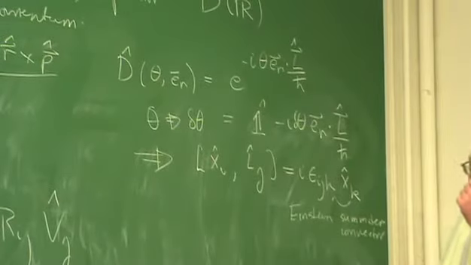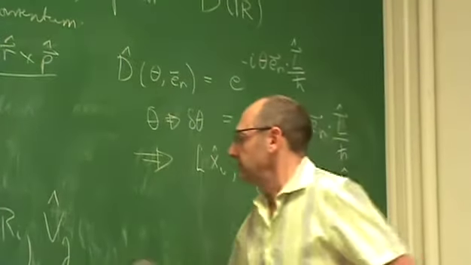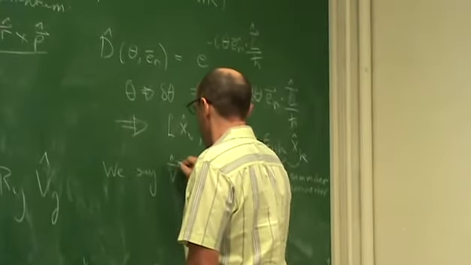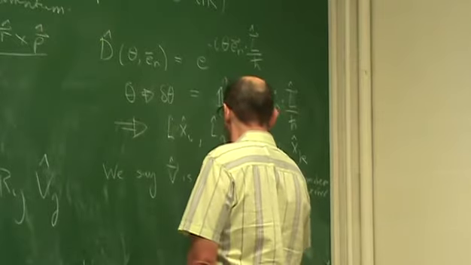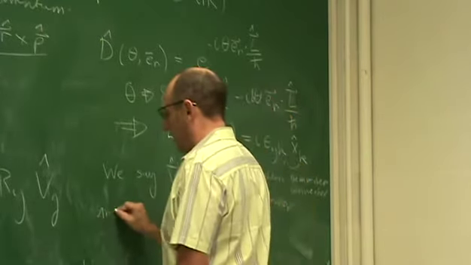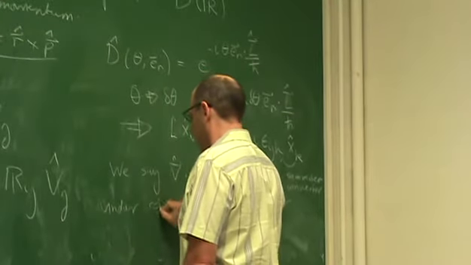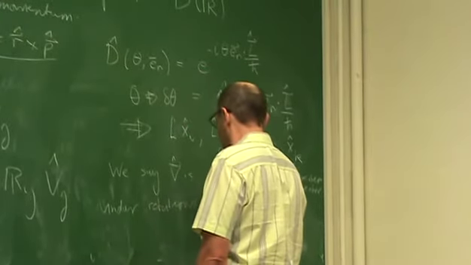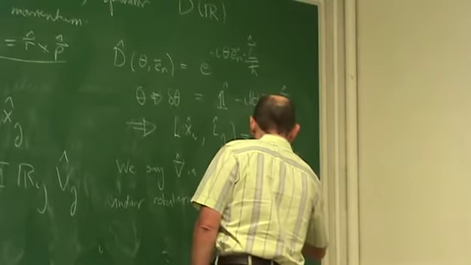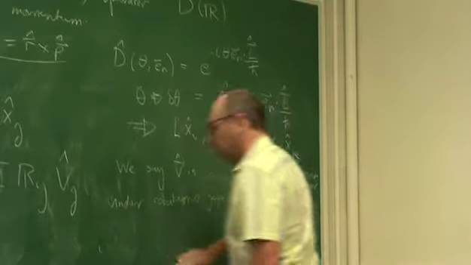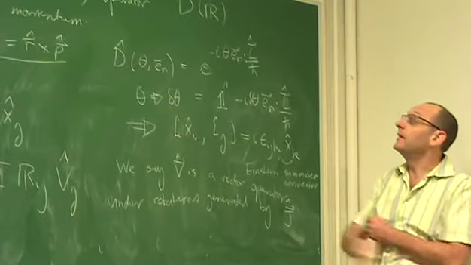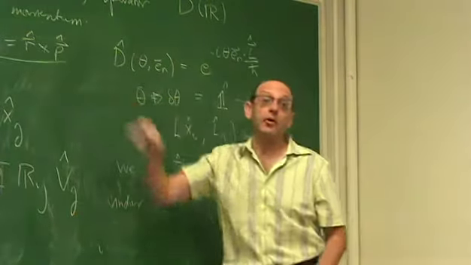More generally, we say V is a vector operator under rotations generated by a general angular momentum operator, which may include spin angular momentum. It need not only be orbital angular momentum.